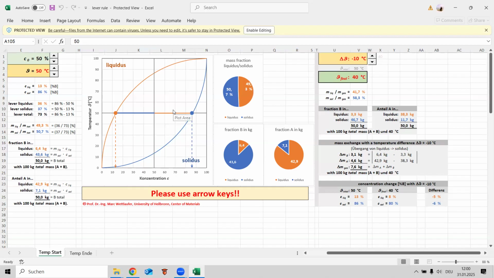So it's 86%, solidus concentration, minus 50% initial. We have the solidus lever here, opposite, in blue. So we get it from this initial concentration 50 minus 13% liquid, and the total lever is 73%.